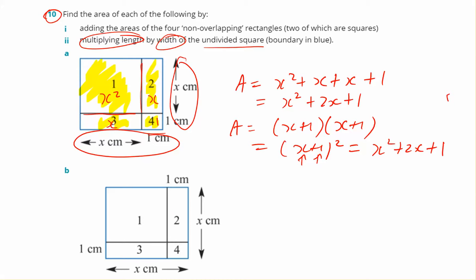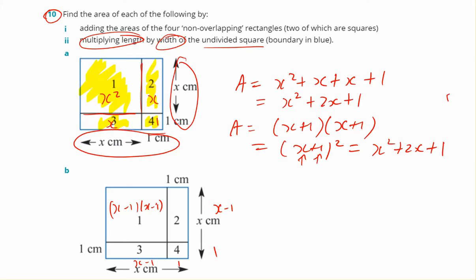Okay, so same thing here. In this question, we know that the area of this, area number 1, would be x minus 1 times x minus 1.